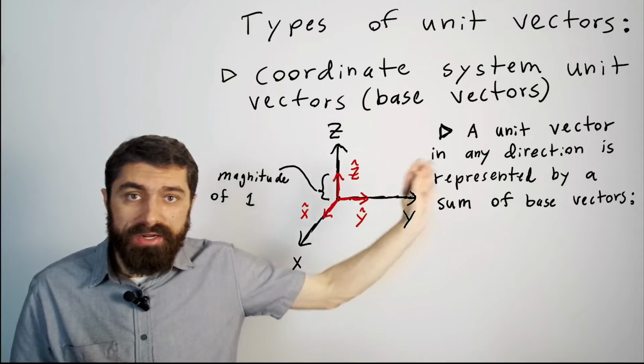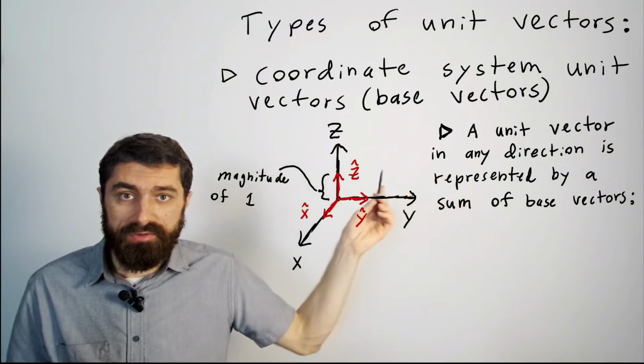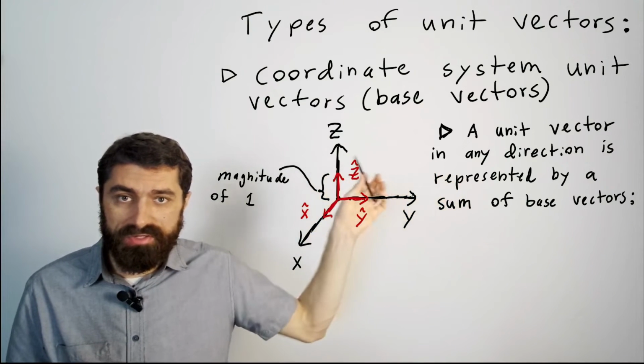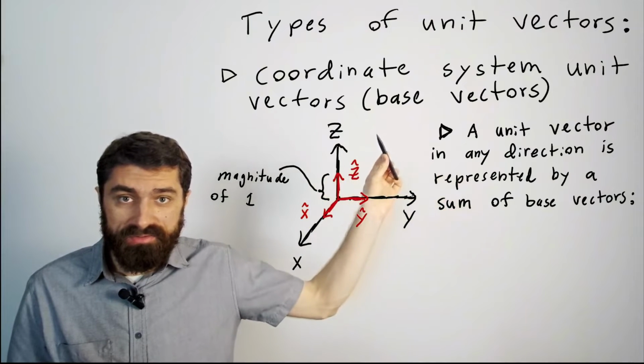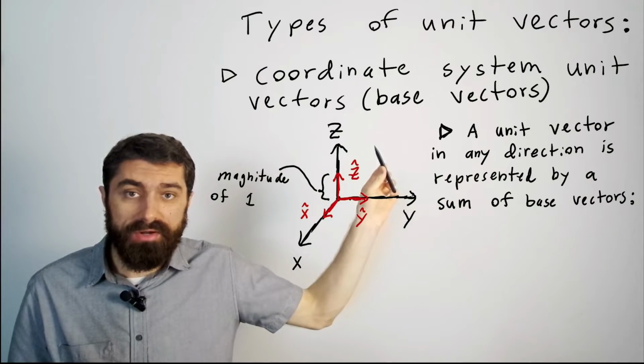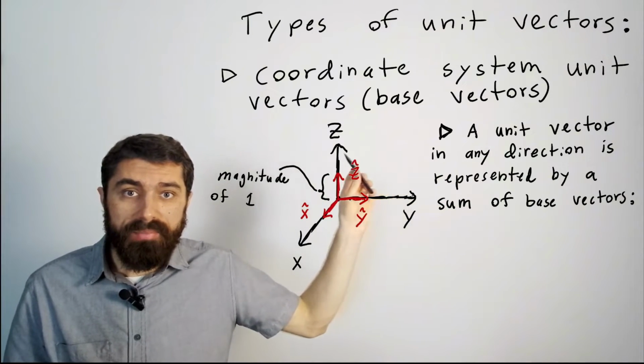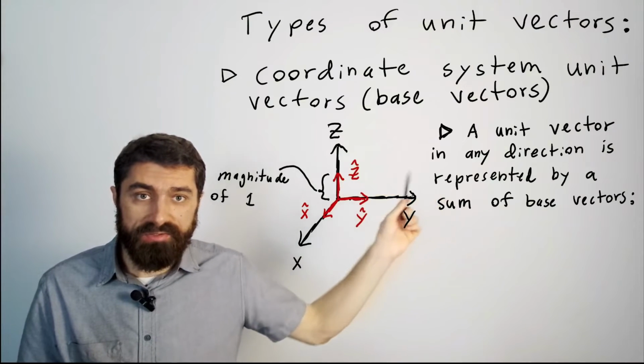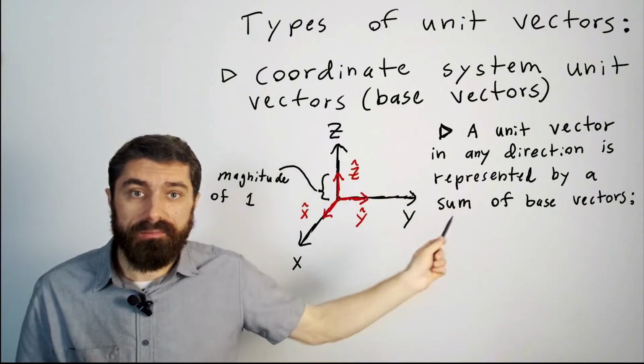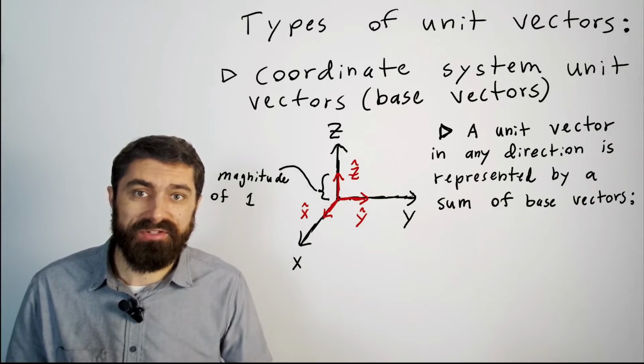But in addition to the base unit vectors that we work with, we also work with any arbitrary unit vector. So any vector in this coordinate system that has a magnitude of 1 is a unit vector, but typically we represent it by a sum of base vectors.